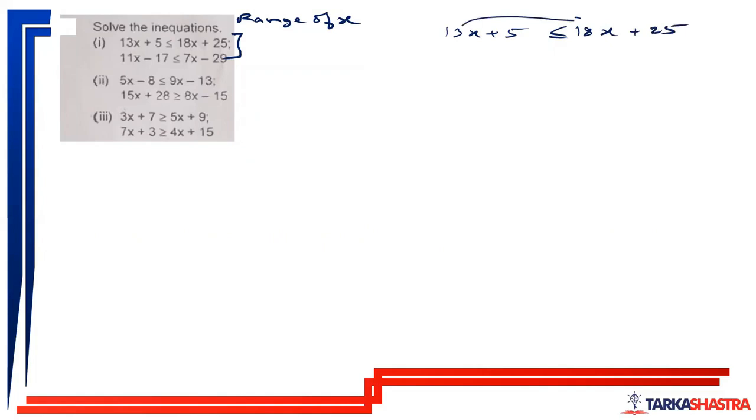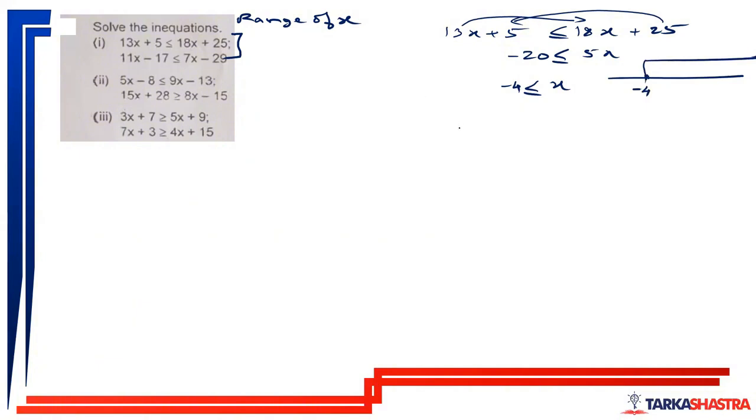If I take 13x over here, I'll have 5x, and 25 minus 5 is 20, so minus 20 over here. So x is greater than or equal to minus 4. So let us try to plot it on the number line. This is minus 4. This is the range.